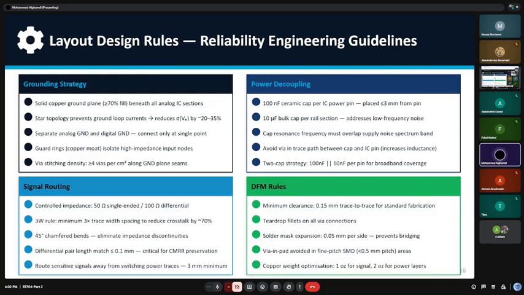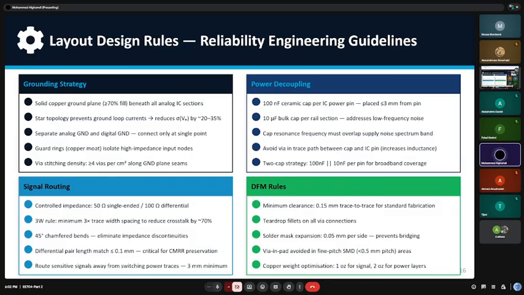Guard rings or copper moats isolate high impedance input nodes, and via stitching density greater than 4 per square centimeter along ground plane seams. For power decoupling, we can use 100 nanofarad ceramic capacitors per IC power pin, or we can use a 10 microfarad bulk cap per rail section that will address the low frequency noise.